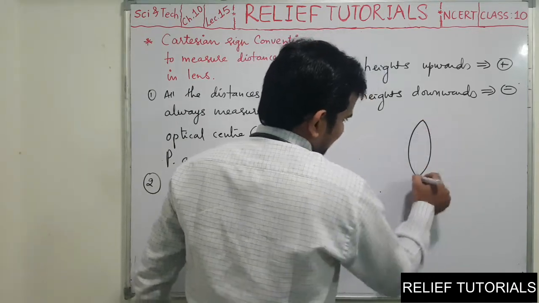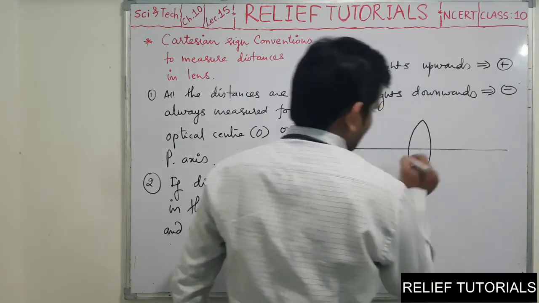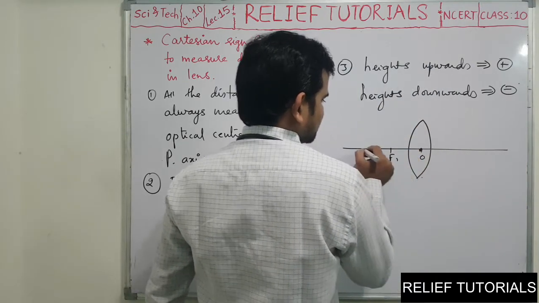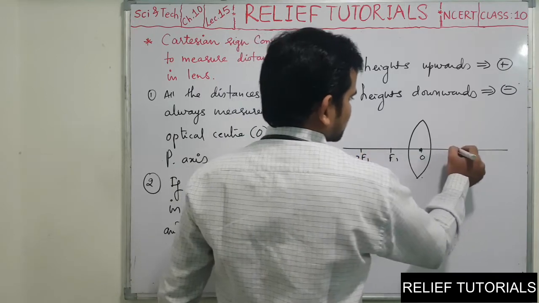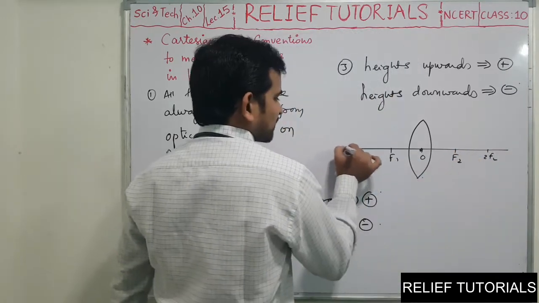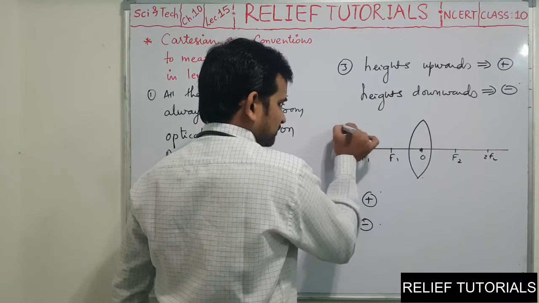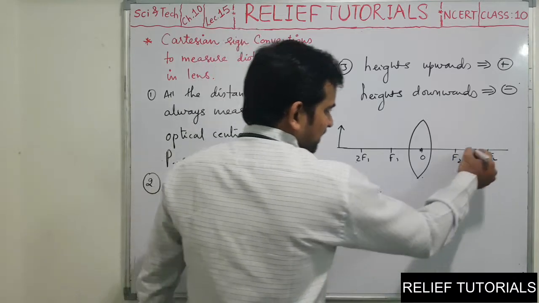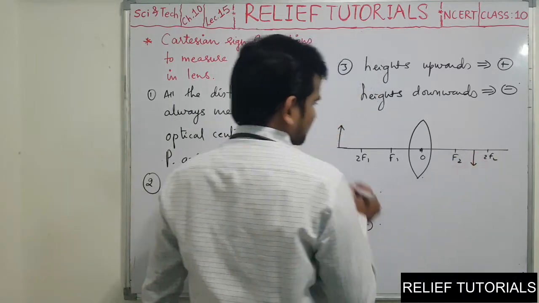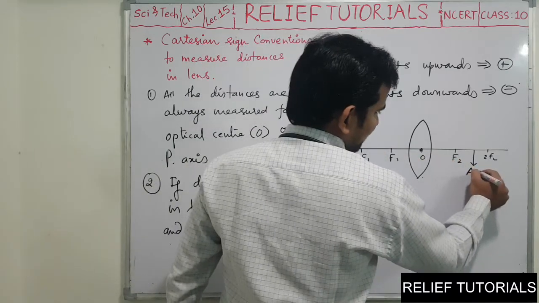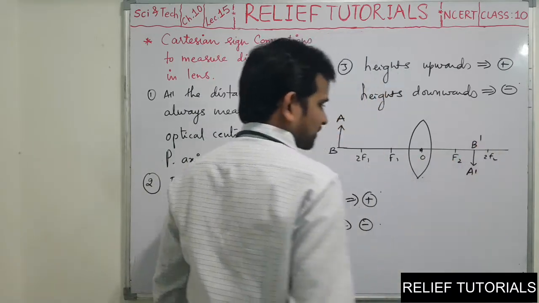Here is one of the convex lens. Let us place the object beyond 2F. So we are going to get the image here like this. Let us say this object is AB, image is A dash B dash.